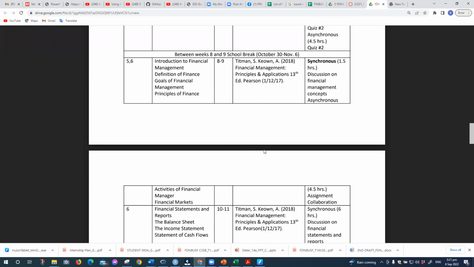Example ng finance principle: in finance, cash is king. So sa finance, iba ang accounting sa finance. By the way, I'm sure you have learned that maybe in your senior or junior high. There's a world of difference between accounting and finance. Ang accounting, ang goal niyan is to be able to generate the financial statements.